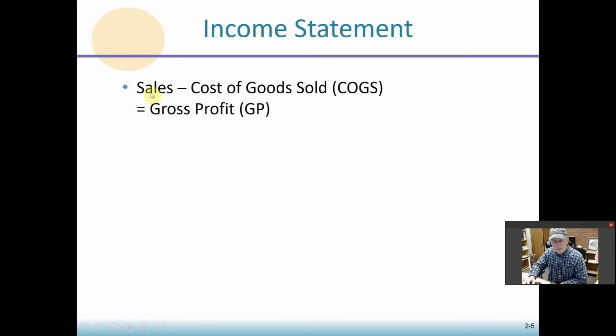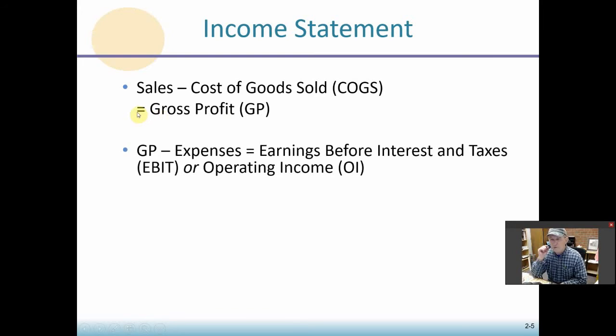So sales are common. Revenue and sales are generally considered to be synonymous. Okay, and then we take off the cost of goods sold, and that gives us a gross profit. And then we talk about subtracting the expenses. Generally, we call those operating expenses. Okay, and that gives us an operating income.